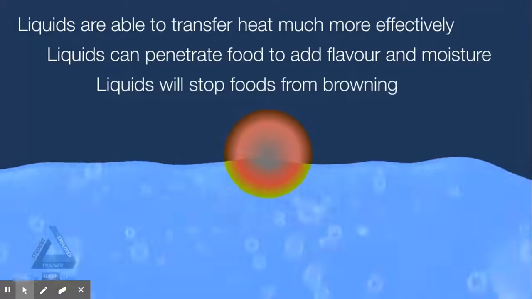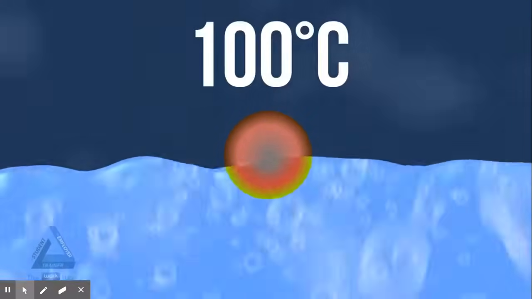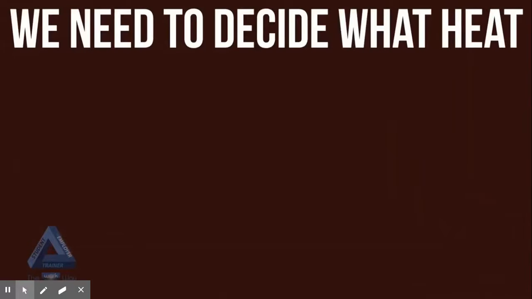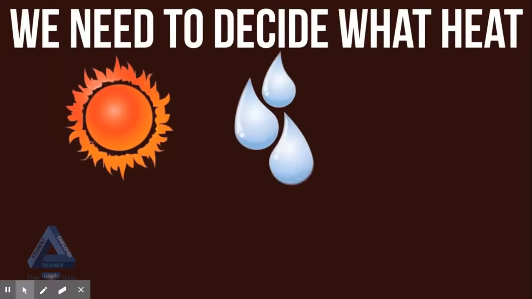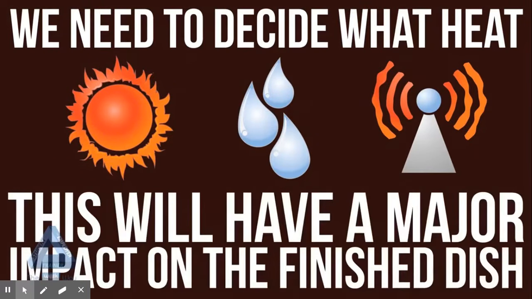Liquids will impair your ability to brown food. Water has a maximum temperature of 100 degrees Celsius. Hotter than that, and it will turn to steam. So when we cook, we need to decide if it will be more suitable to use dry heat, wet heat, or some other kind of heat, such as microwaves, as this will have a major impact on the finished dish.